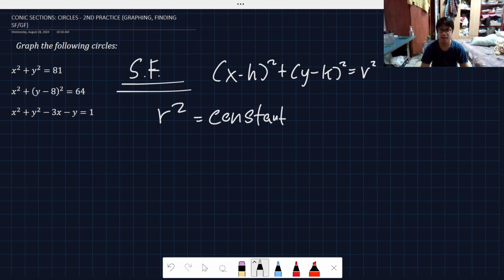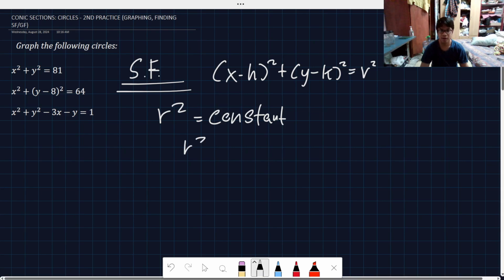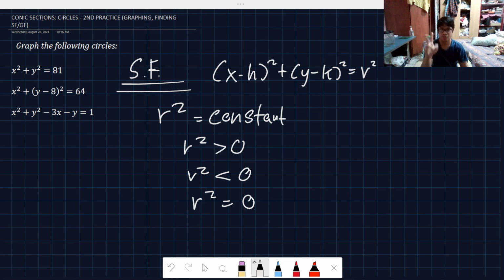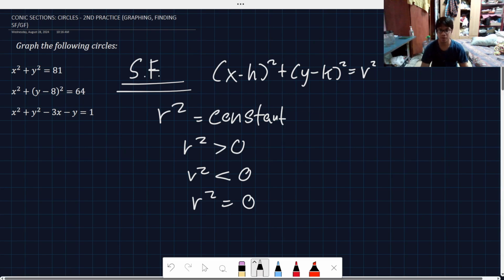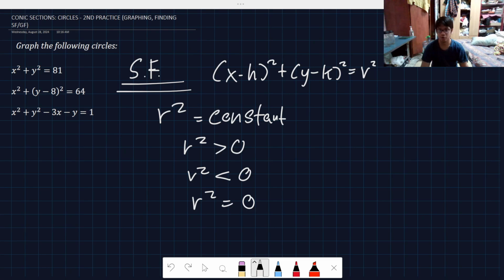There are three cases: is your r squared greater than 0, less than 0, or exactly 0? So there are two things you need to consider, the standard form and the constant r squared, because this will tell you if you can graph a circle or not.